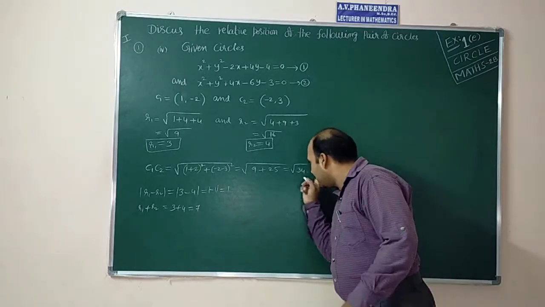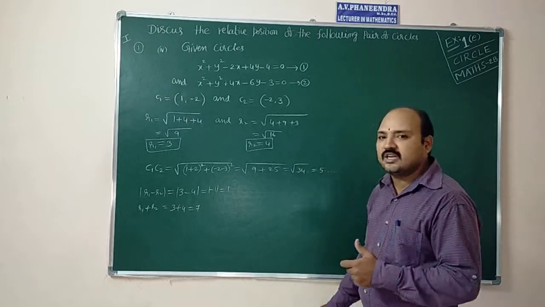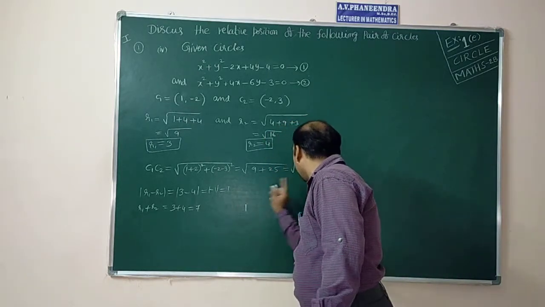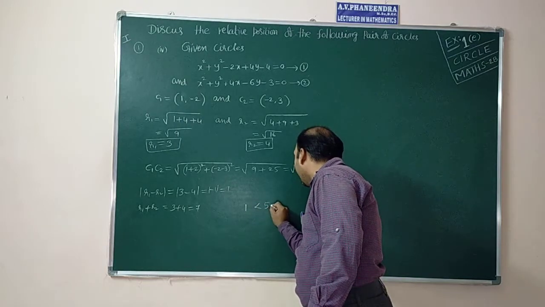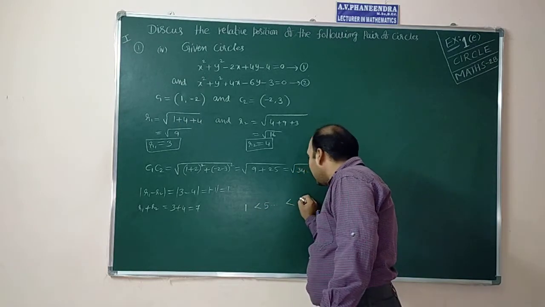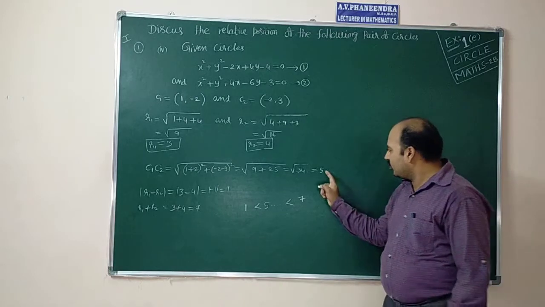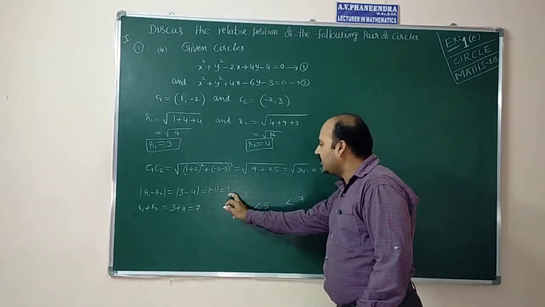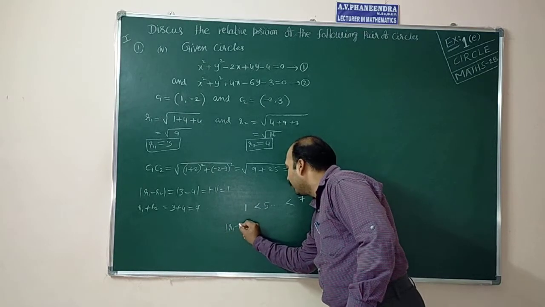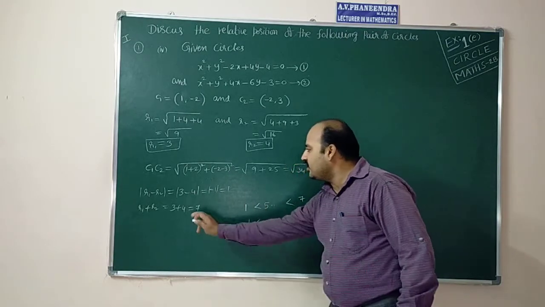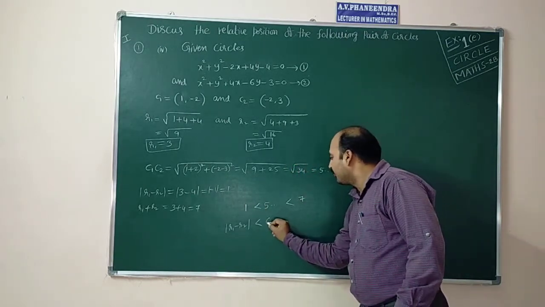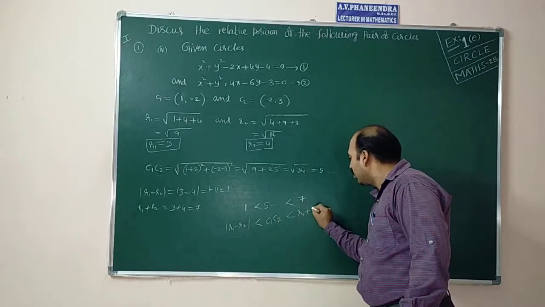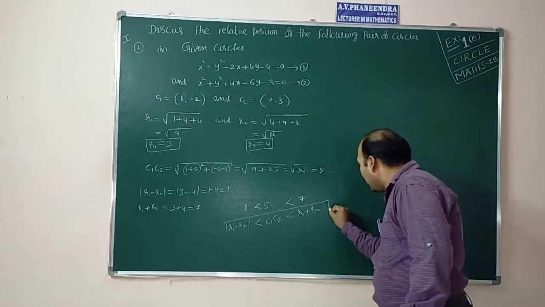From this data, 5 point something, 1 and 7, obviously we write it as 1 is less than 5 point something, which is less than 7. So 1 value is what here? Mod R1 minus R2 is less than 5 point something, which is C1 C2, which is less than 7, which is R1 plus R2. It is one of the relative positions.